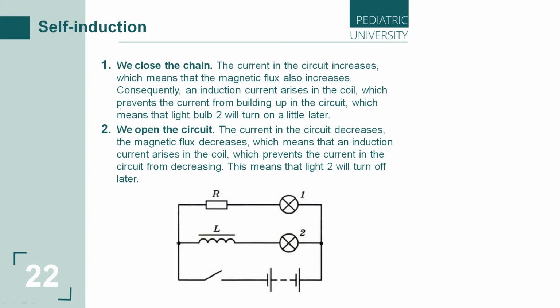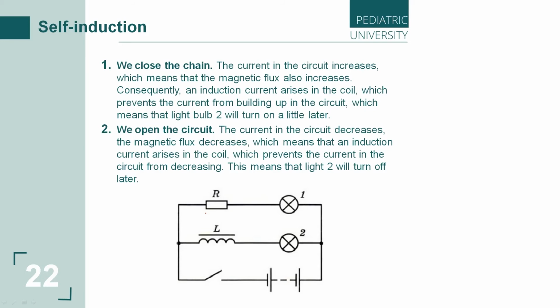So the first step was that we closed the chain. Firstly, we closed the chain and current came to the chain. What happened after? The current in the circuit increases. Yeah, it's not like a bathroom when we open the water and the water comes immediately. No. It needs some time to increase, which means that the magnetic flux also increases.